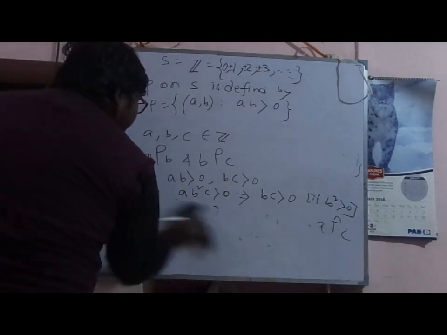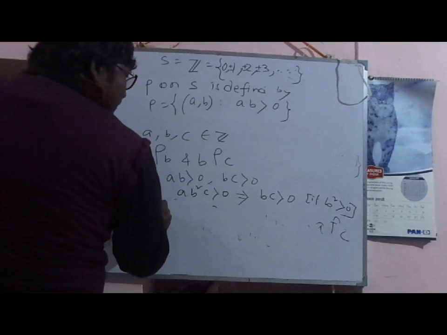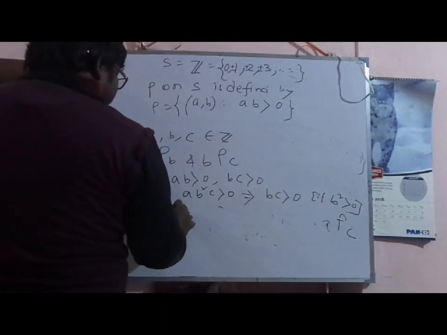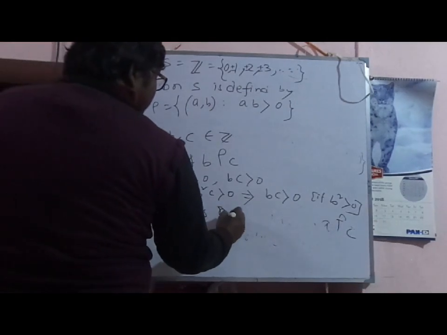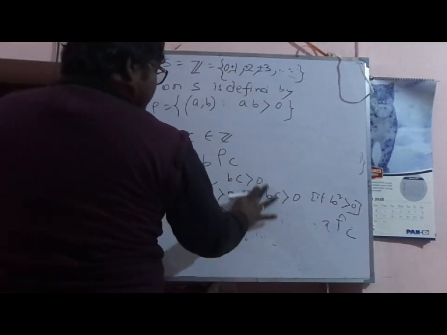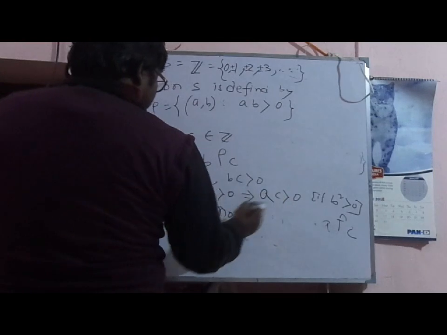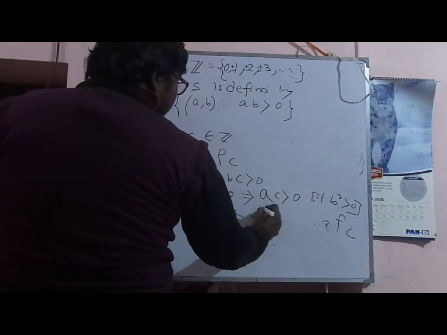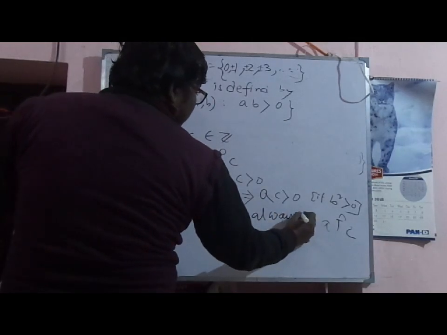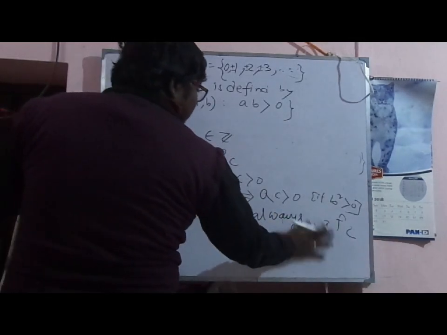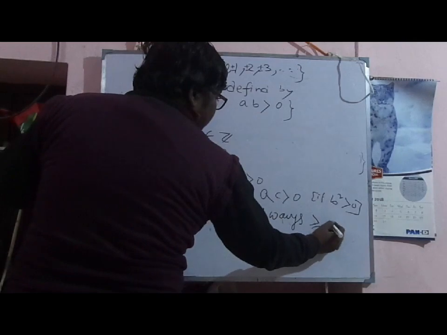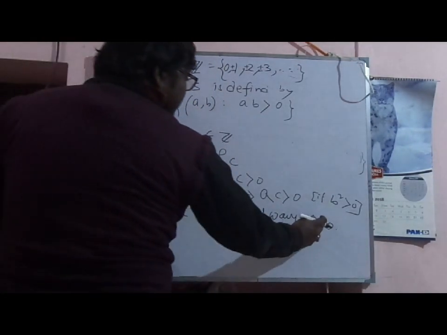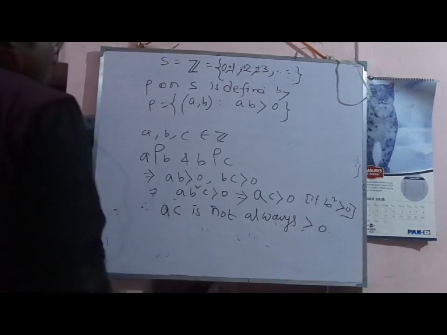Therefore, ac is not always greater than 0.